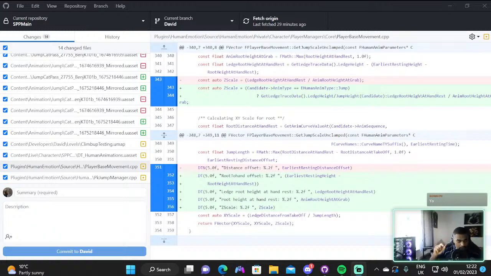But surely that cannot be true. Let's say that we got a scale of 2, and the vault is pretty much a perfect parabola, right? It goes up like a projectile. We just scale the whole parabola.